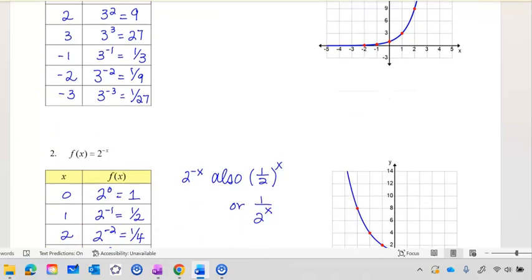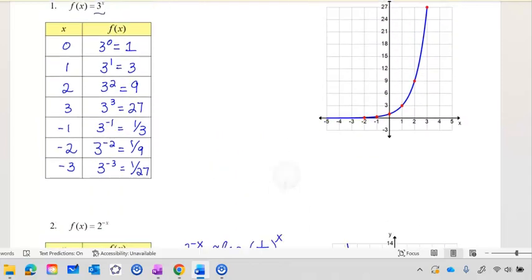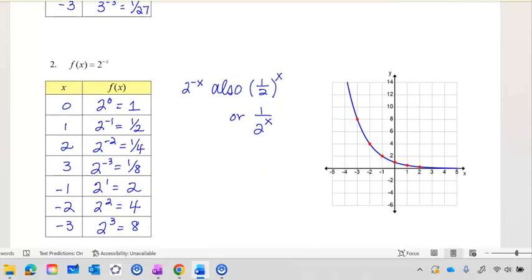The next one, compared to the first one, my exponent, the variable here on the power, is negative x. Okay, so we still can plug in some points, and thinking about algebra, this 2 to the negative x, we also can write as 1/2 to the power of x from our previous algebra exponent rules.